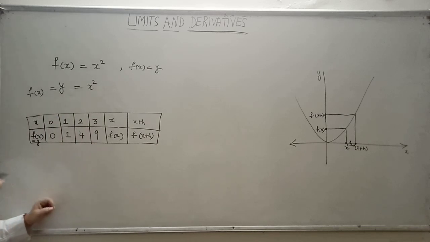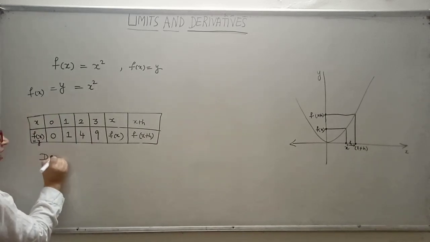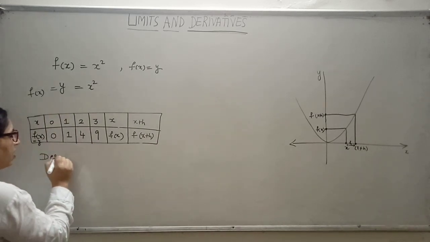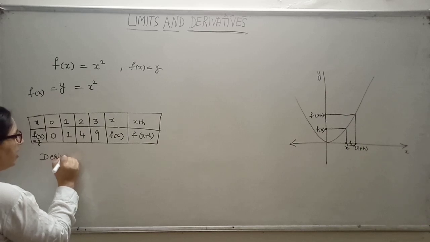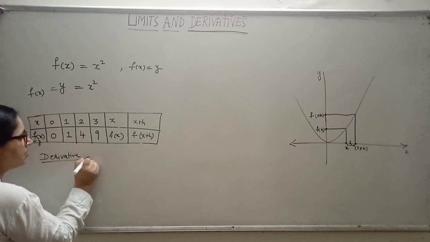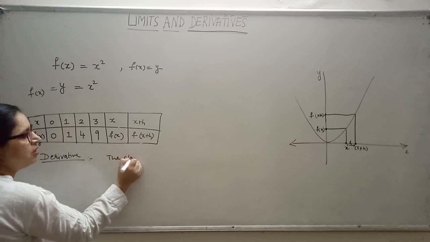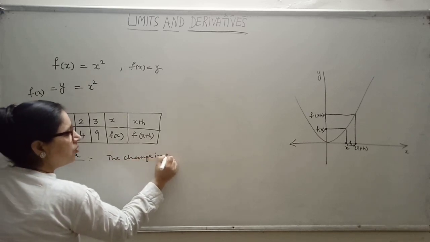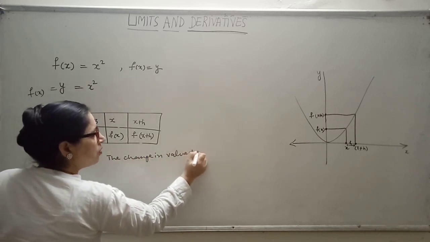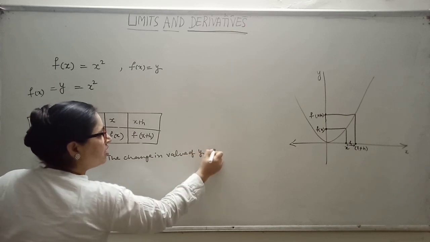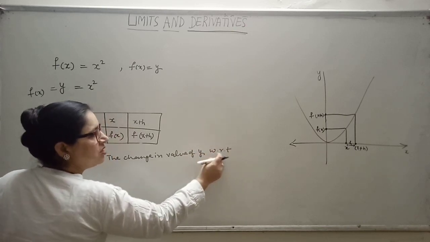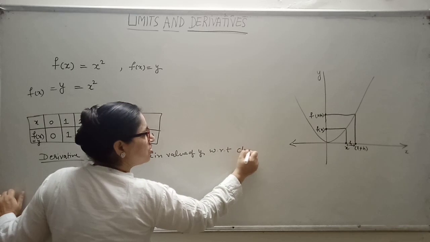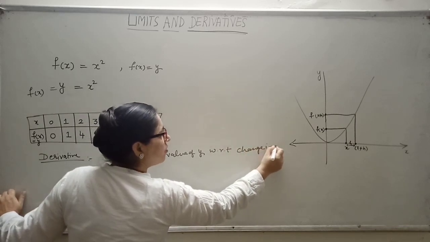What I told you, what is the derivative? Derivative or differentiation, both are the same. What is derivative? Derivative means the change in value of y with respect to change in value of x.